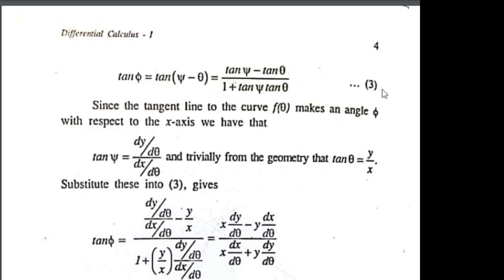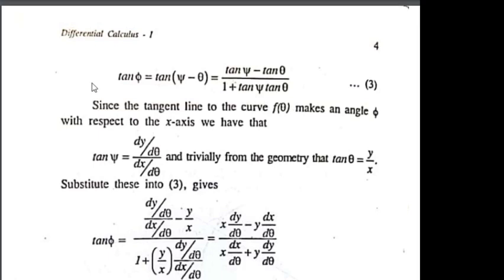Call this equation 3. This is equation 1, where we convert Cartesian to polar form, and we differentiate x with respect to theta and y with respect to theta, and call this equation 2.